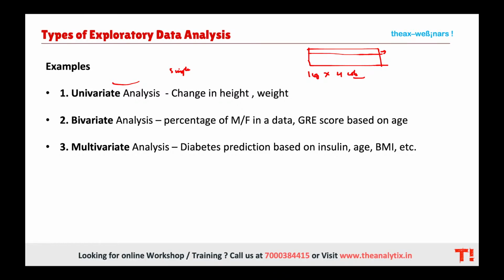These 4 columns are your features or attributes for the analysis: the first column, second column, third column, and fourth column. If you're going for univariate analysis, you take any one column, say 1, 2, 3, or 4. For example, you can see a change in the height. That will be a univariate analysis, because height is a singular data, and the same goes for weight, or you can say age.